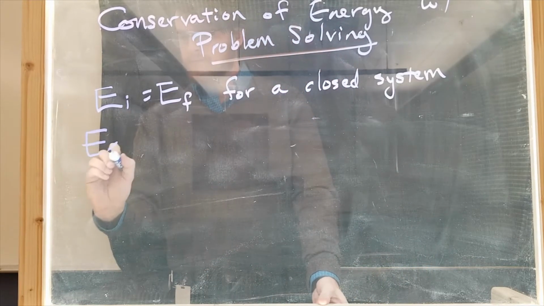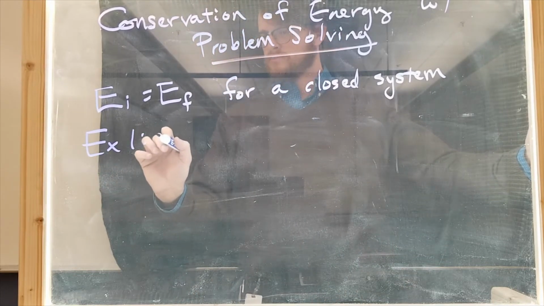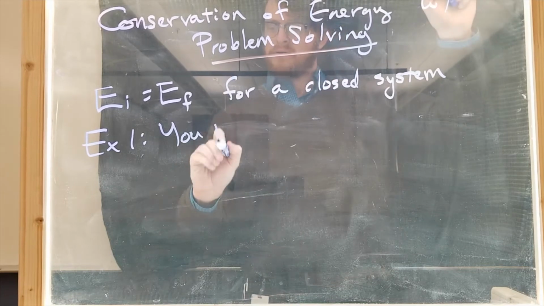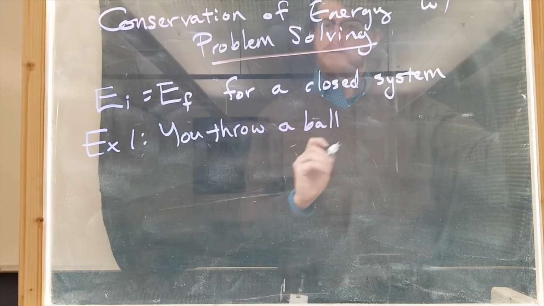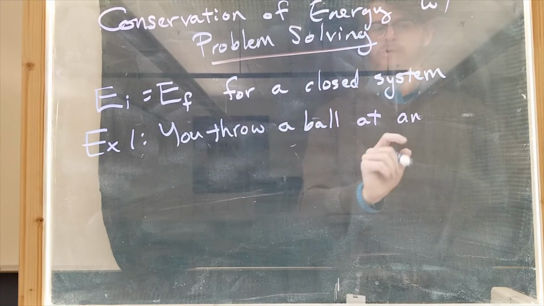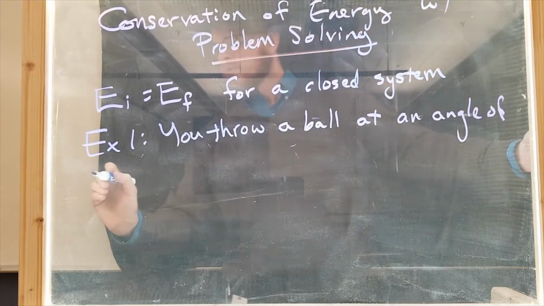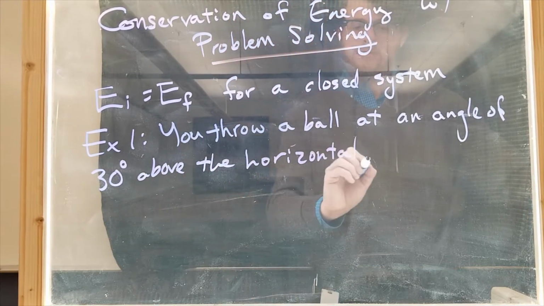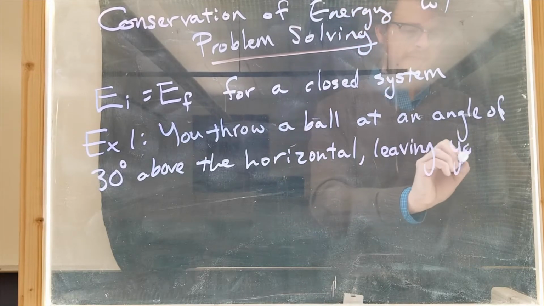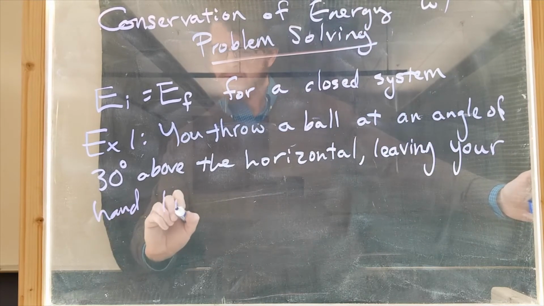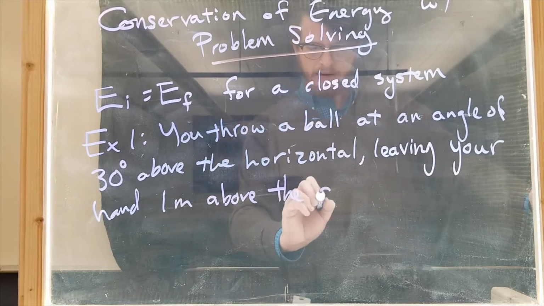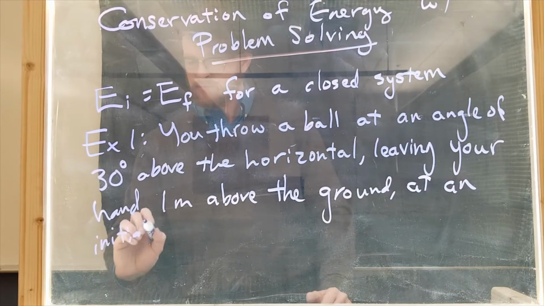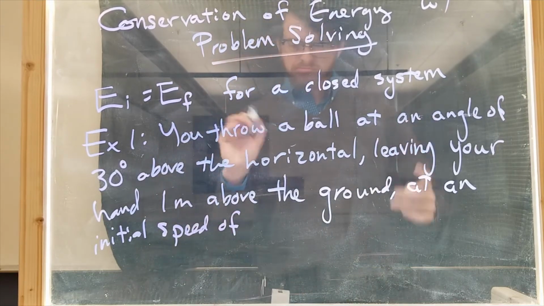Example 1. You throw a ball at an angle of 30 degrees above the horizontal, leaving your hand one meter above the ground, at an initial speed of 15 meters per second.